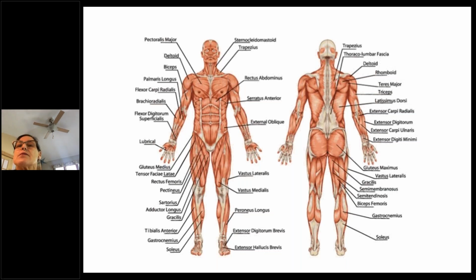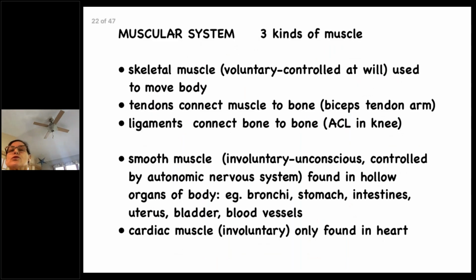There are three kinds of muscles. I only showed you a picture of the skeletal. The skeletal muscle is voluntary. You control it. You tell your body to move. And the skeletal muscle also has tendons and ligaments that help move your body.